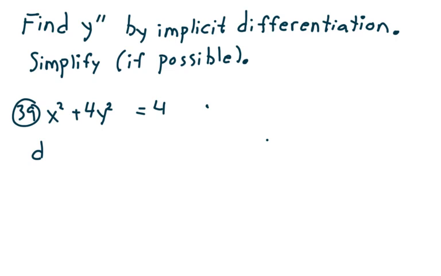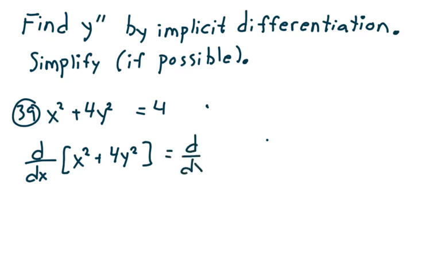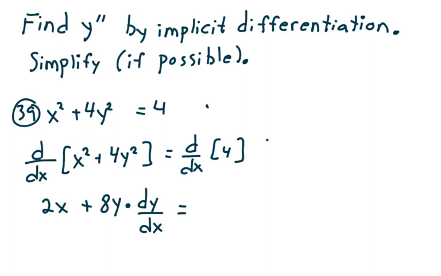And so I'm going to differentiate both sides with respect to x. So we get the derivative of x squared plus 4y squared with respect to x is equal to the derivative of 4 with respect to x. So we get 2x plus 8y times dy dx is equal to 0.